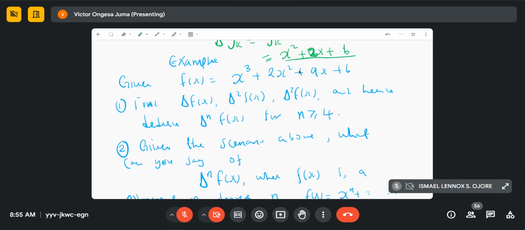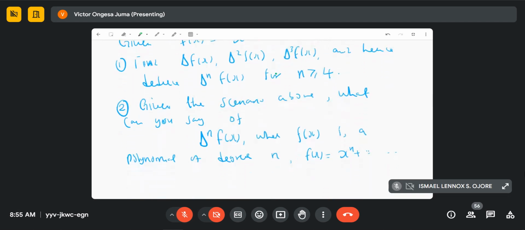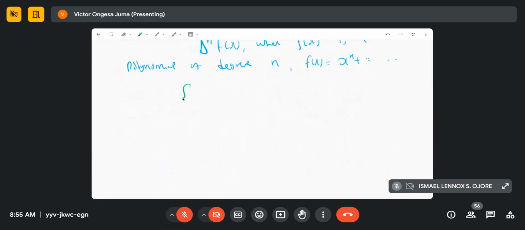I'm avoiding the cubic as an example because it will involve a lot of expansion. This is much quicker to deal with. So the solution, we have that our f of x is the same as x squared plus 2x plus b.